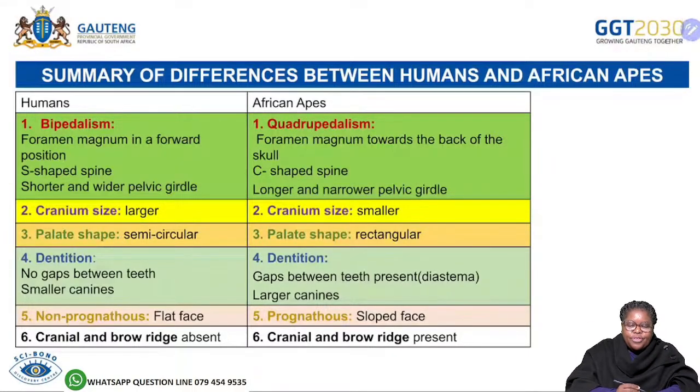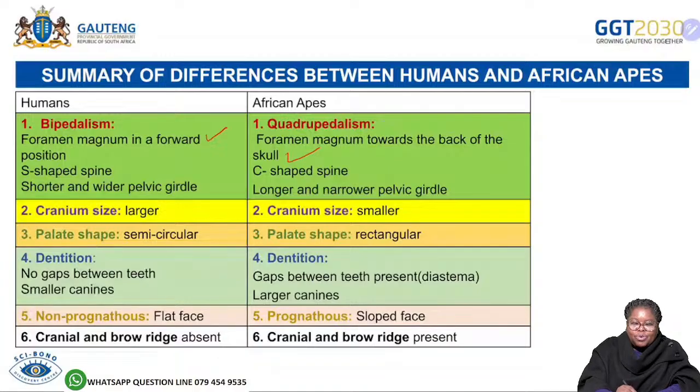So with humans, the foramen magnum is in a more forward position, whereas in the African apes, the foramen magnum is towards the back of the skull. And we are saying humans are bipedalism, they walk on two legs, whereas African apes are quadrupedalism. They walk on 4 limbs and hind limbs.